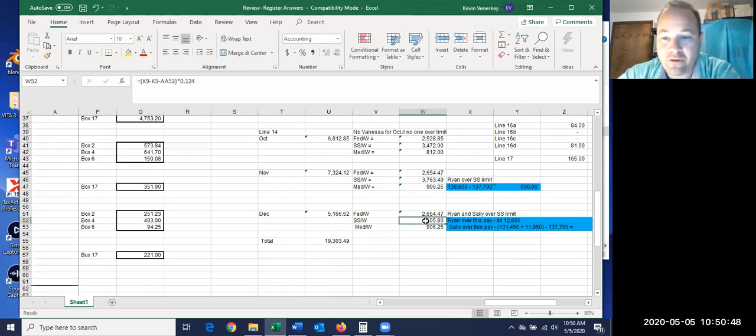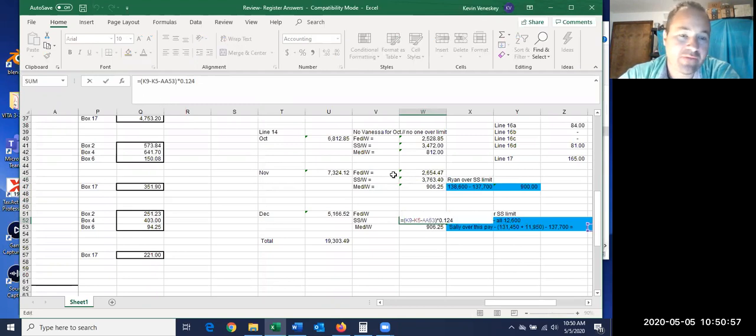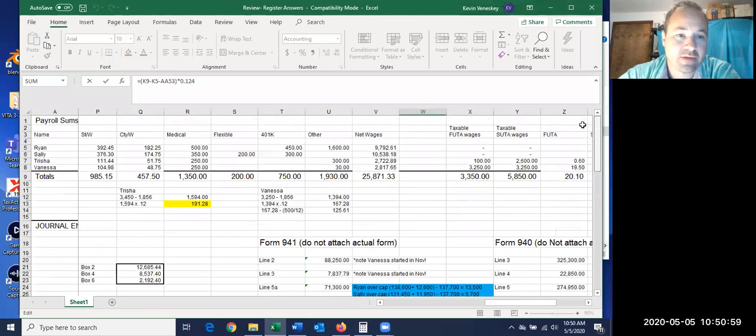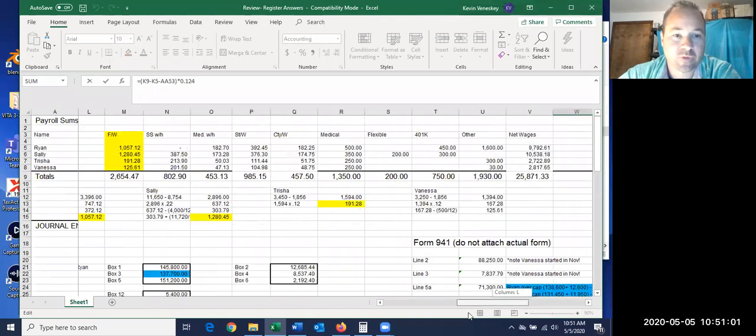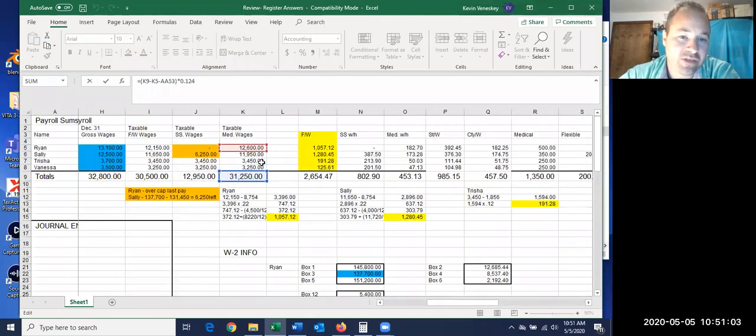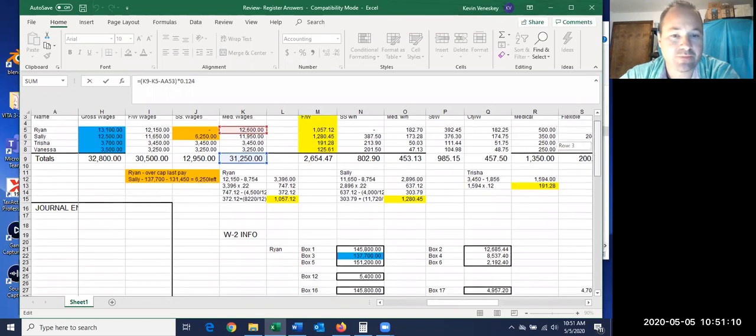And then when I come down here, I start again with the Medicare wages, but then subtract out all of K5. I took the Medicare wages and subtracted out all of Ryan, because none of his wages were taxable in December for Social Security.